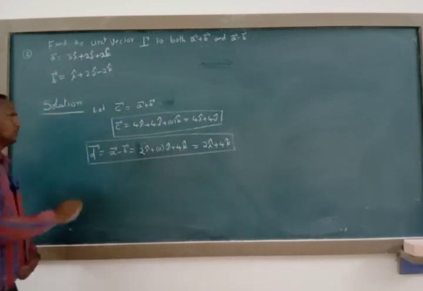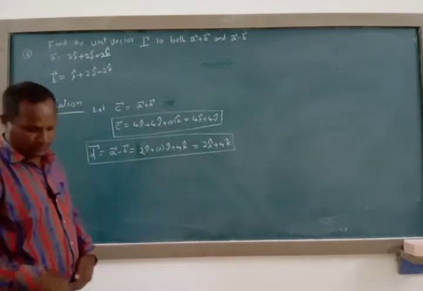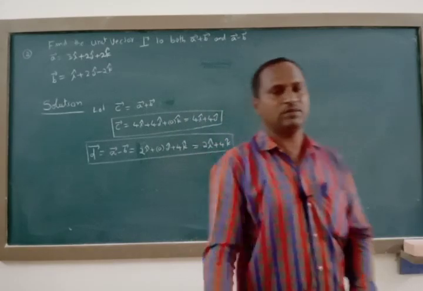Then we have to find the unit vector perpendicular to both the vectors c bar and d bar.